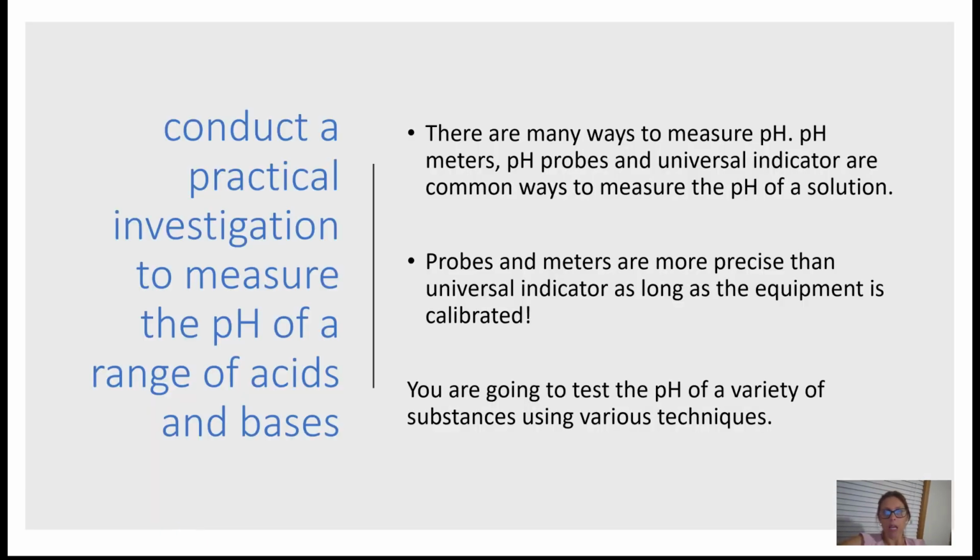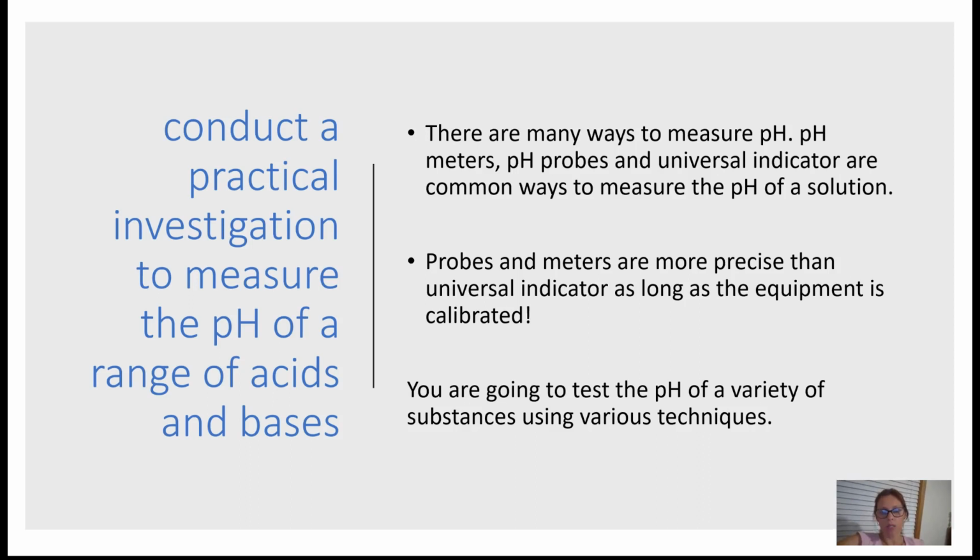In class tomorrow, you're going to be looking at some of these pieces of equipment. You can see the dot point on the left-hand side: conduct a practical investigation to measure the pH of a range of acids and bases. To answer this question, you need to look at what pH is, what the pH scale is, what that reflects, and also how we are going to measure it.